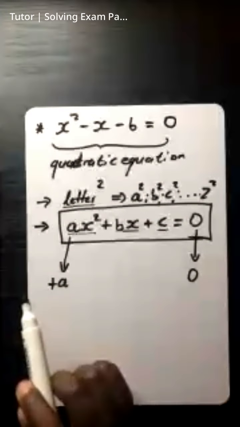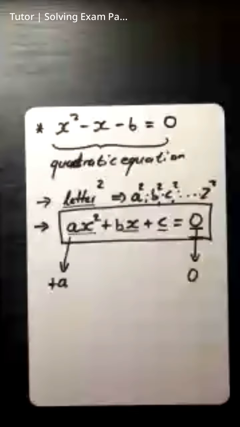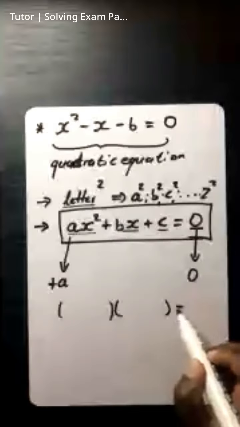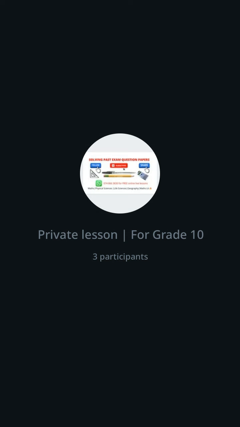And again, is it equated to 0? And the answer to that question is a yes. Therefore, that given problem is in the standard form. Once it's in the standard form, that's when you can factorize, which is what I need to teach.